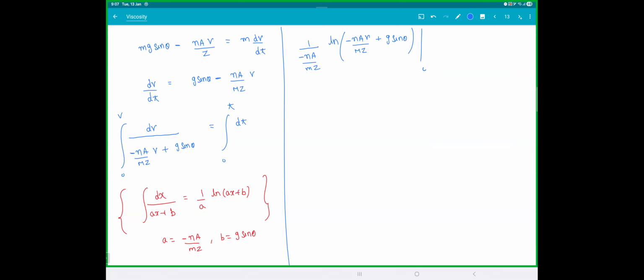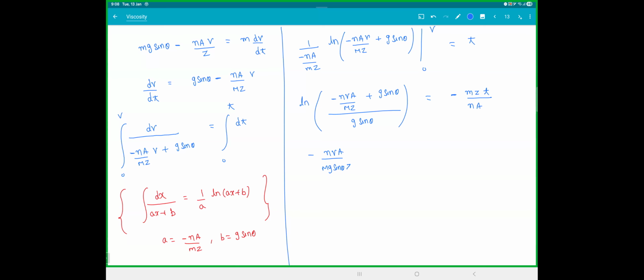Put v there, put 0 there, you end up with ln a minus ln b, which is ln of minus eta A v by mz plus g sine theta, by g sine theta. This would go that side. Did I miss a g somewhere? No. Minus mz t by eta A.